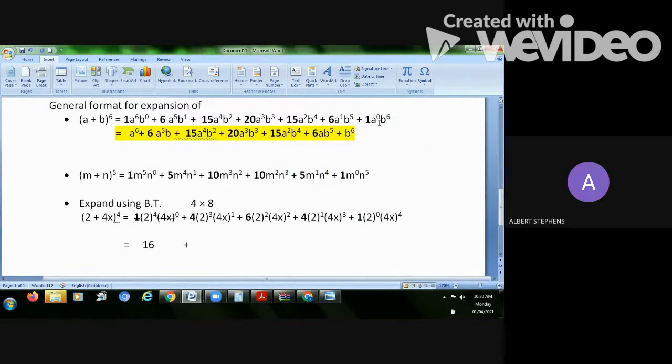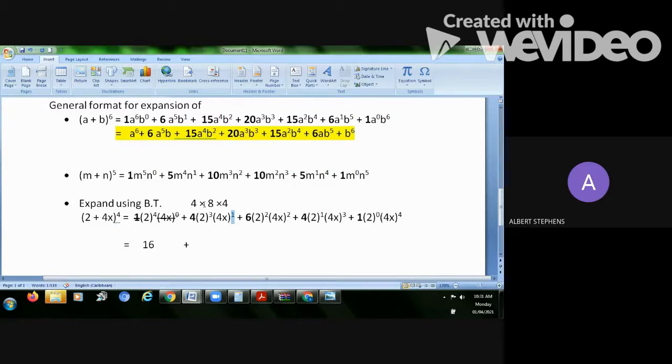So that's 4 times 8, not true? Times the 4 here. Not true? All right. 4x raised to the first power is the same thing, not true? Agree? Yes, sir. Come on, anything raised to the 1 power is always the same thing.